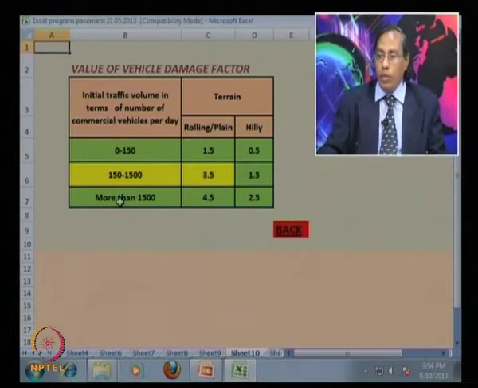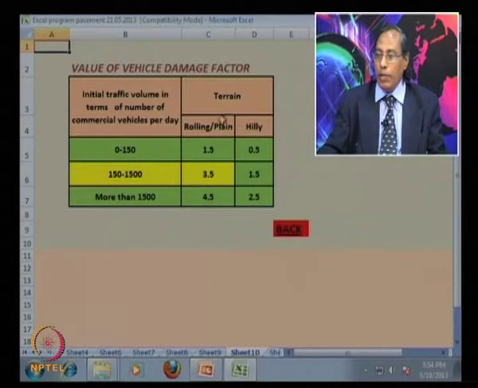That means we know the initial traffic volume in terms of the number of commercial vehicles per day. We are assuming the number of commercial vehicles per day is 150 to 1500, and we are considering the terrain, whether it is plain or hilly. We have considered plain terrain, and that is why this vehicle damage factor is 3.5.